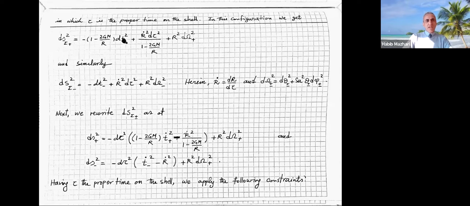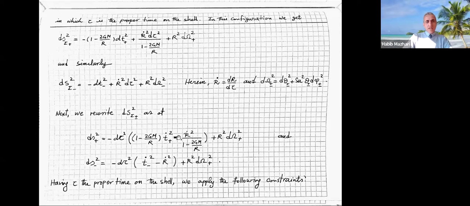So we can take d tau out, and some term is left inside. Then I make it 1, because if it is proper time, its coefficient should be 1, we know that.